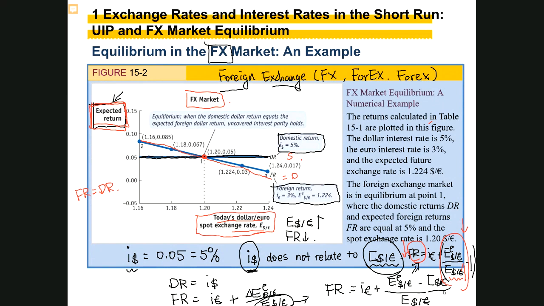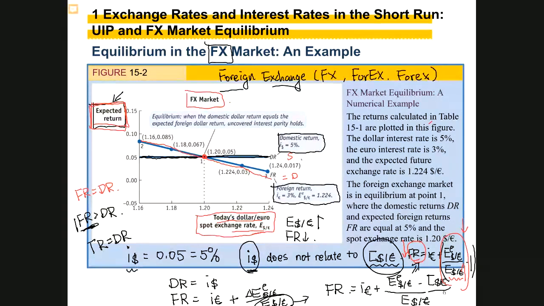If the foreign return is larger than the domestic return, people will put their money into the foreign asset. They will convert their assets into foreign currency, so that the return on the foreign currency will be lower. And in the end, this equality will hold.